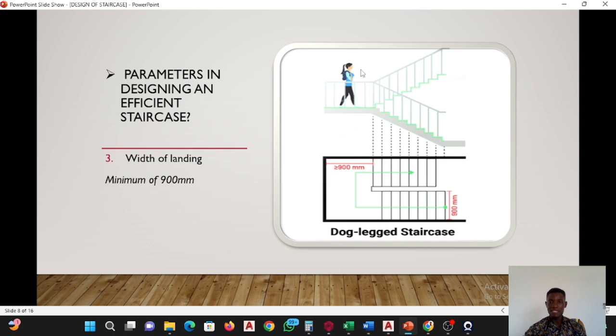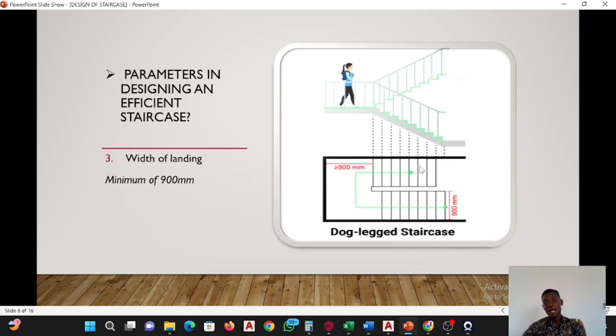Now, the landing is the area where people rest. Probably before you climb the stair, the space you have there is the landing. When you get to the halfway of the stair, probably after 9 or 10 risers, the halfway is also regarded as landing. People call it half landing.